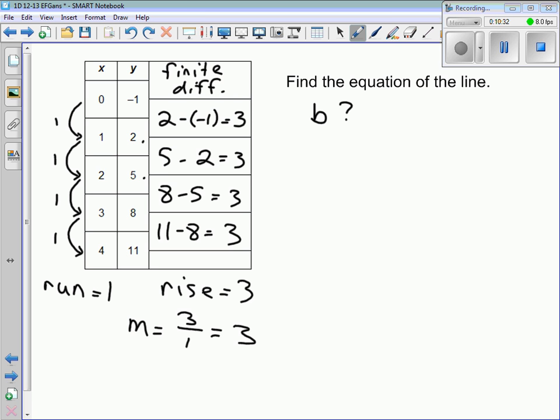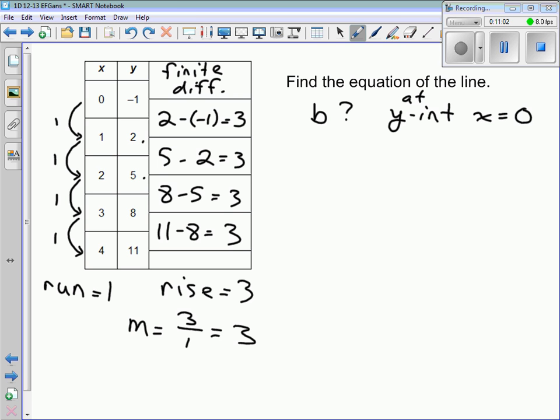Now, the y-intercept occurs at the point where this thing crosses the y-axis. At the point where this thing crosses the y-axis, x is equal to 0. So what is the value of y where x is equal to 0 in this table?